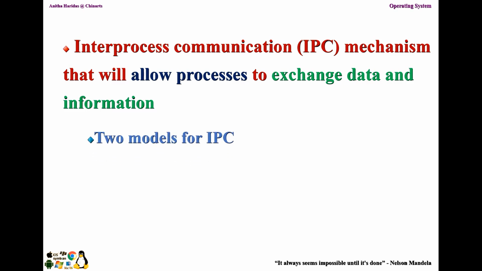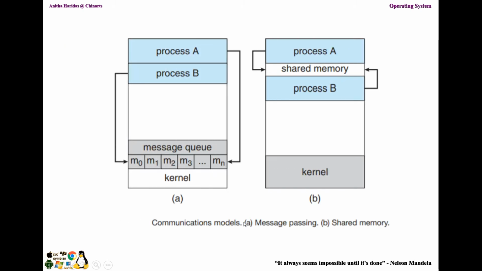Now to achieve this interprocess communication, there are two models available in the operating system. First one is called as shared memory. The second one is called as message passing, right? So to have interprocess communication mechanism, two models are available in the operating system. What are the two models? Shared memory and message passing. So let us see what is shared memory and message passing.